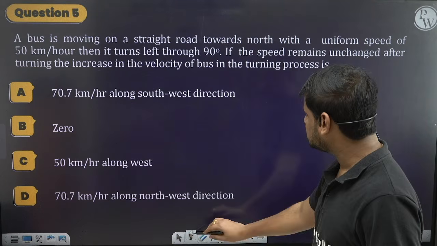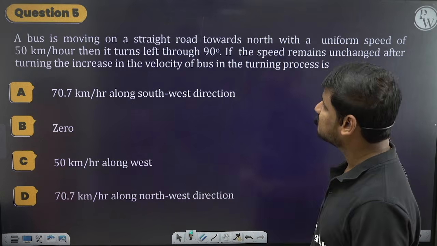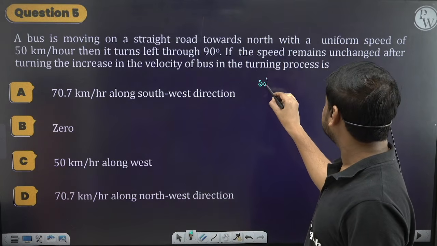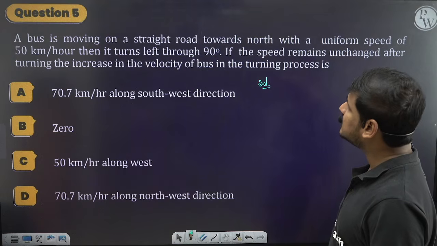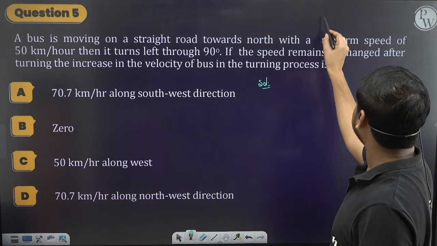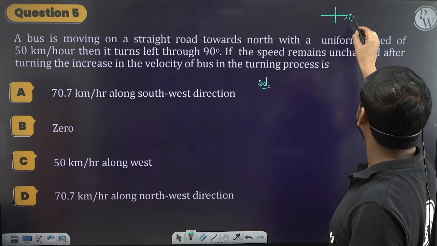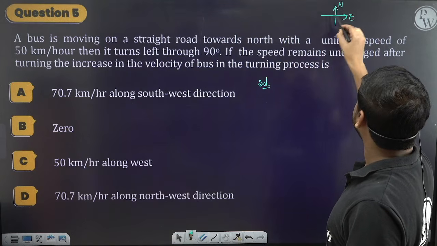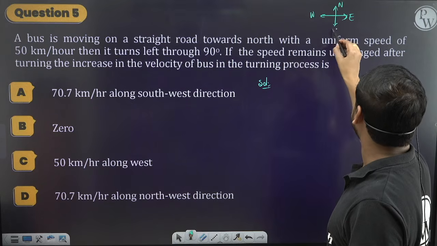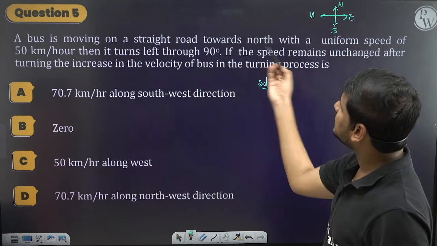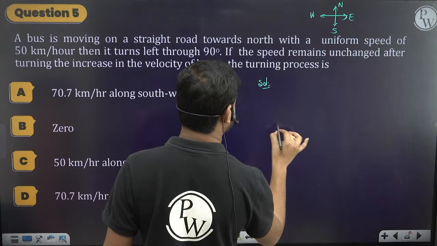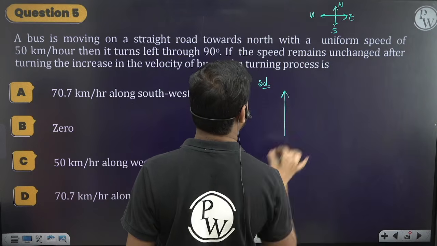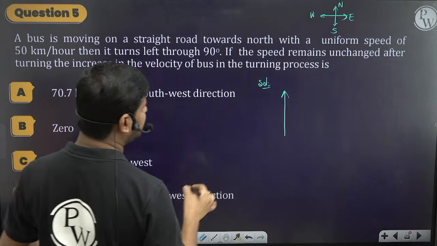So let's take one more question, guys. What does the question say here? A bus is moving on a straight road towards north. Again directions: let's take this as the east direction, this is the north, this is the west, and this is the south direction. So the bus is moving towards north with a uniform speed of 50 km per hour.